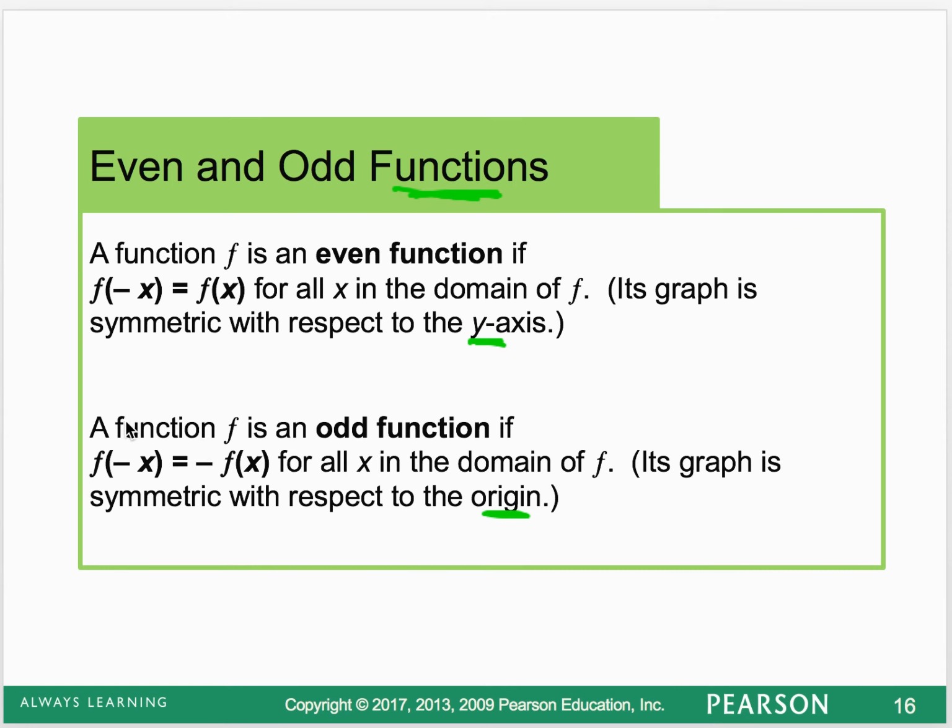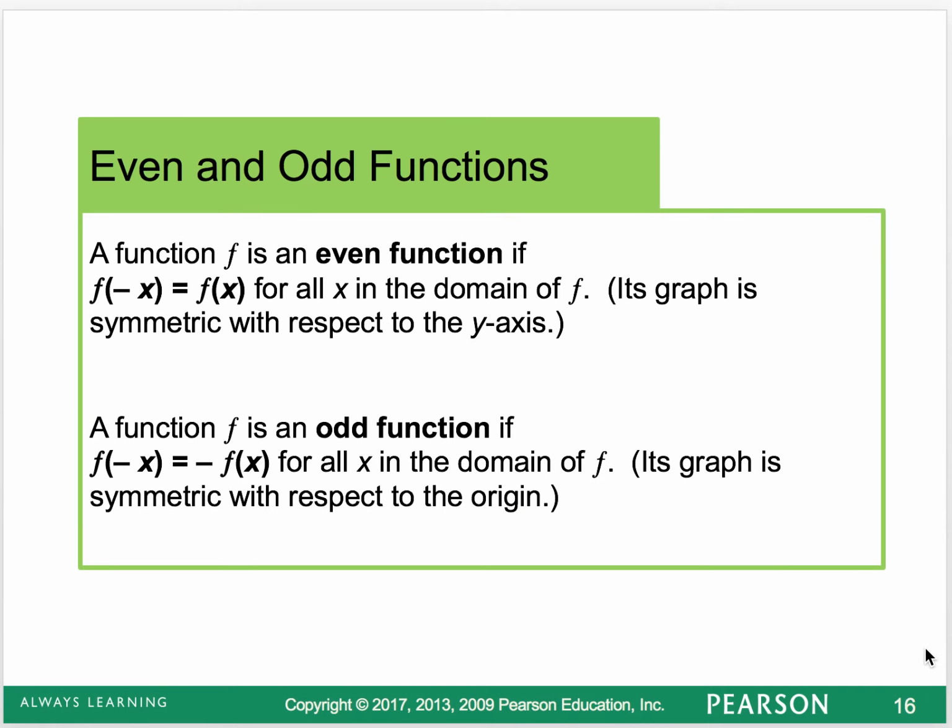This has a little bit of a different definition, but I'm just going to say, if it's symmetric to the origin, then I don't have to remember something extra. And the way I can remember which one is which: the one that's symmetric with respect to the x-axis is not a function, so that's not one of my even or odd ones. And the odd one is the one that's symmetric with respect to the origin. So that odd helps me remember origin. And so then it must be the other one, the y-axis one, that's even. Okay?